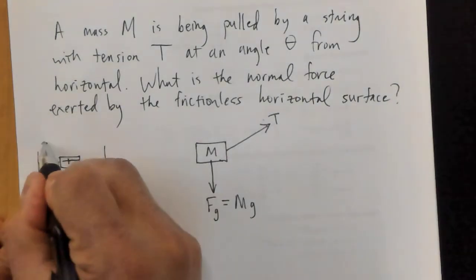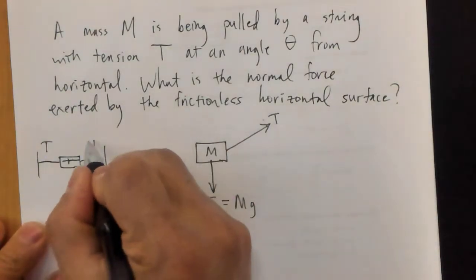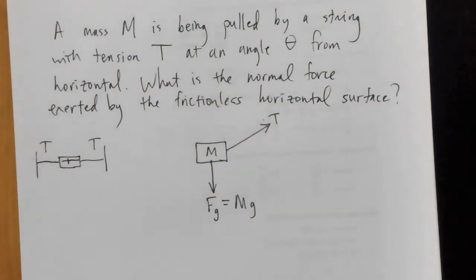Let's say the tension of the string here is T, and the tension in the string here is T. If T is the force of the string tension, what will the scale register as a force? Will it register 0? Will it register T? Or will it register 2T?